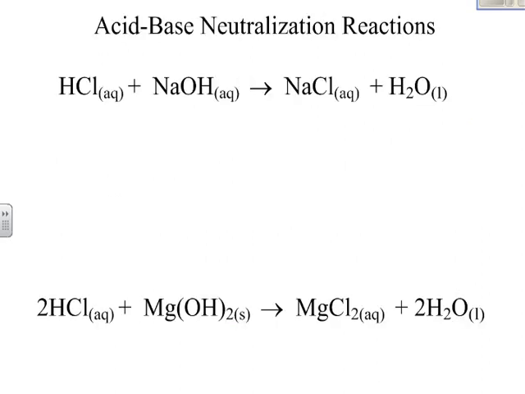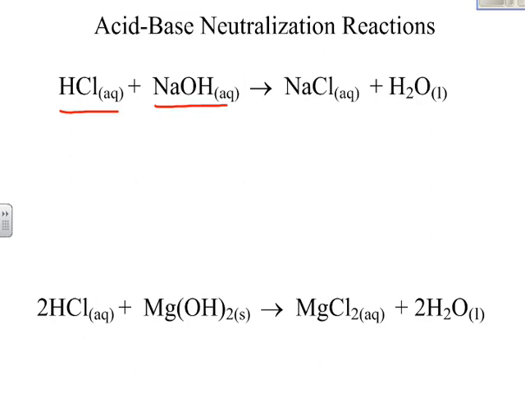Neutralization reactions. Neutralization reactions are reactions in which acids react with bases and neutralize each other. So here we have hydrochloric acid, sodium hydroxide, and you see that the products of this reaction are sodium chloride, a salt, and water, a liquid. So we have neither an acid nor a base here.